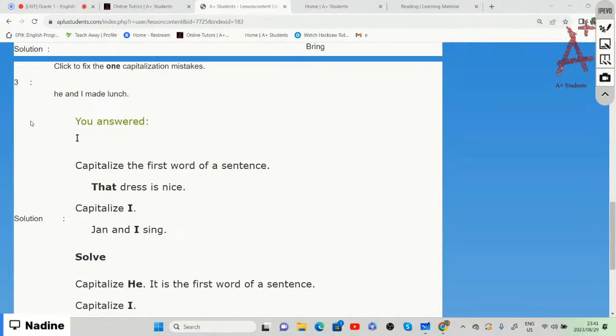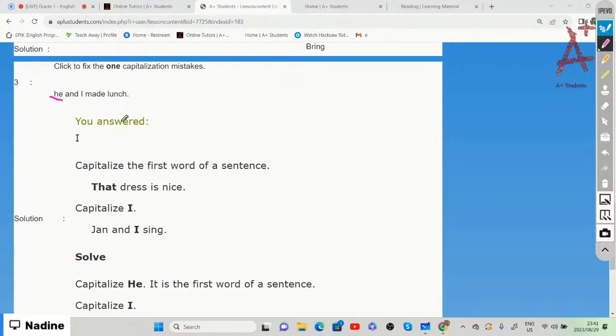But of course, we capitalize only the letter. So we have identified he, and we write he with a capital letter. "He and I made lunch."